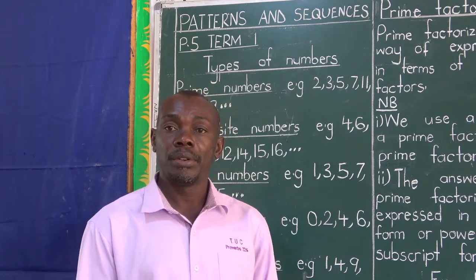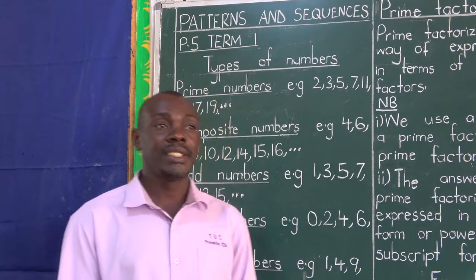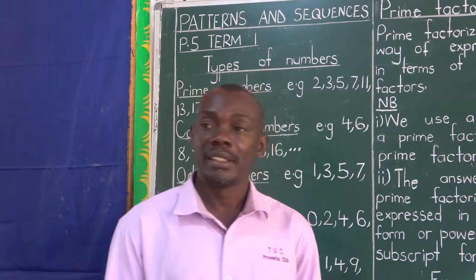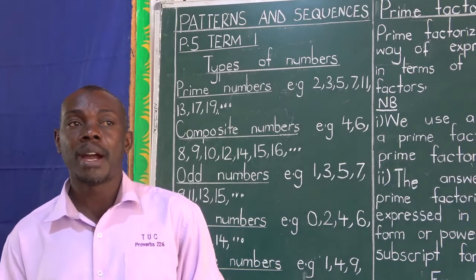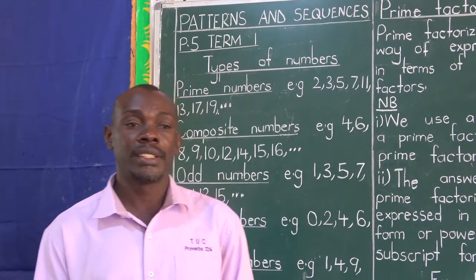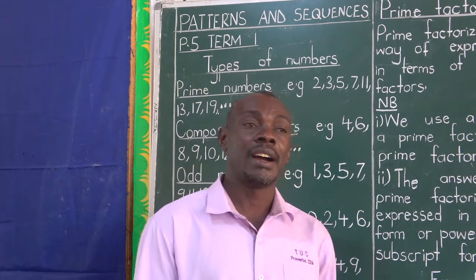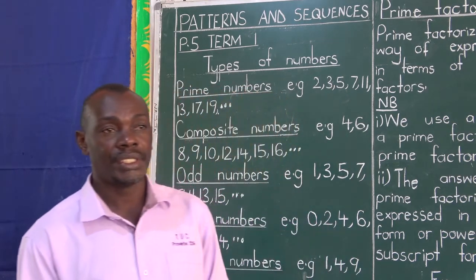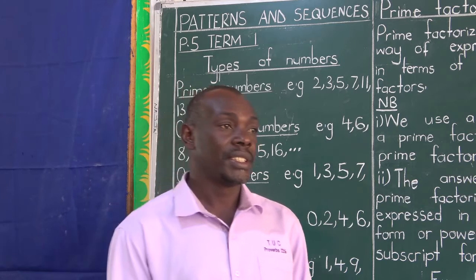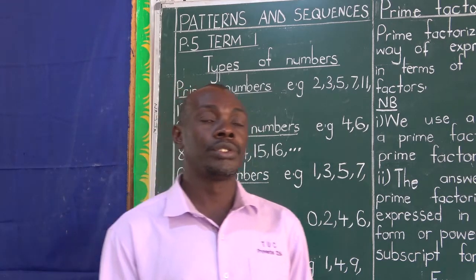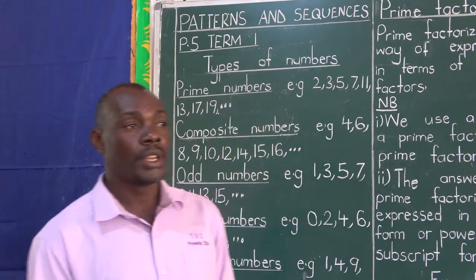For example, when I say 3 times 1 and I get 3, then those numbers are multiplied to get that 3. So factors of 3 are 1 and 3. And a number that's got only two factors is called a prime number.